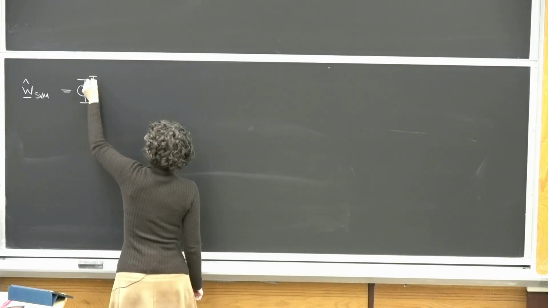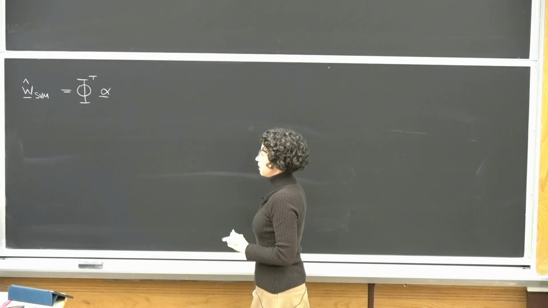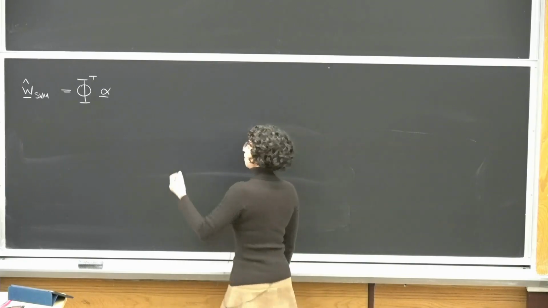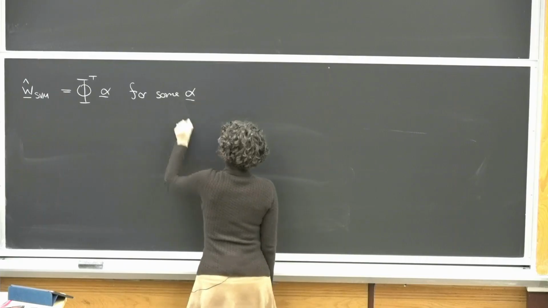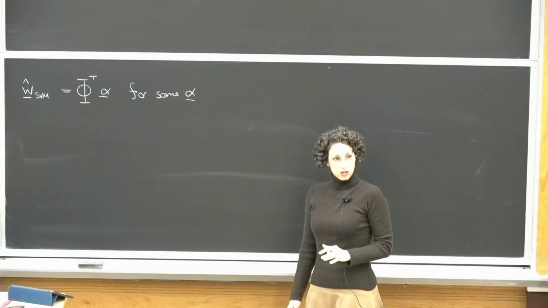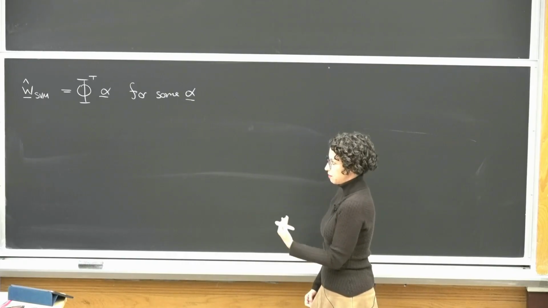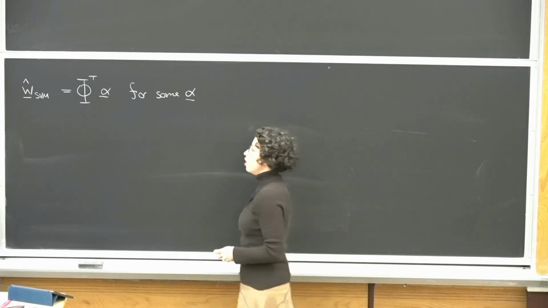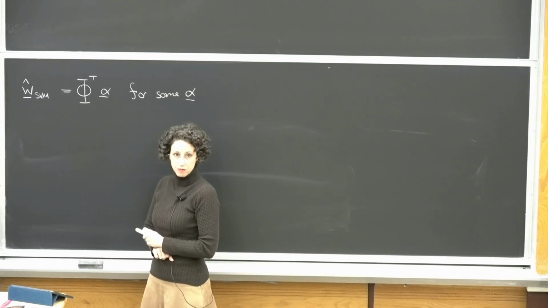And we can write this weight vector, W hat SVM, as phi transpose times some vector alpha. So in other words, our weight vector that we are going after, the solution to the optimization on the first board, is going to be a weighted sum of the rows of this phi matrix.